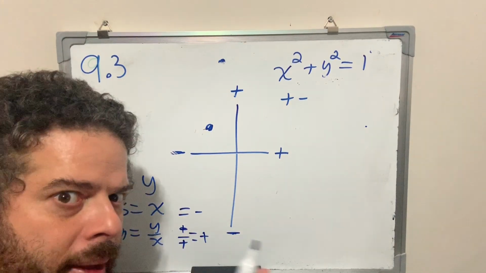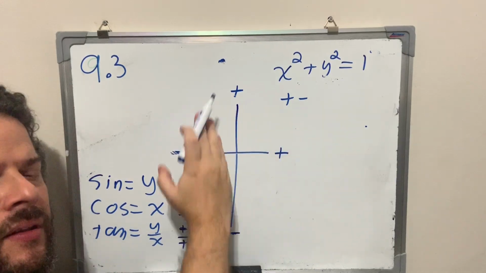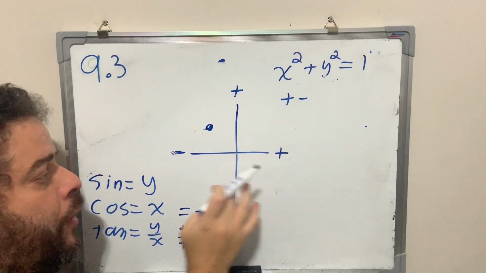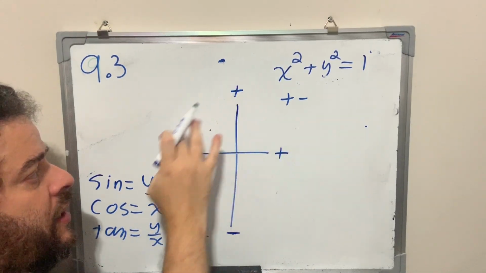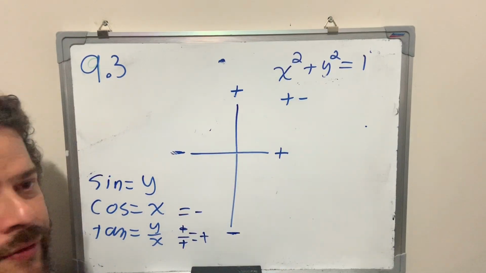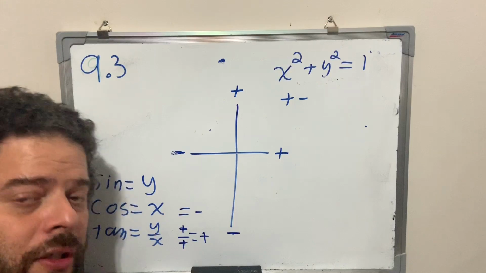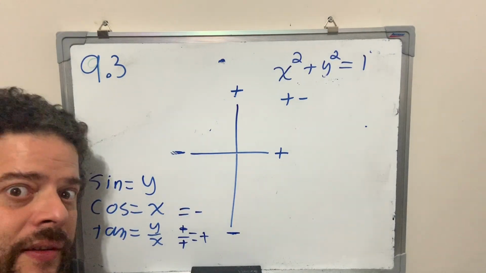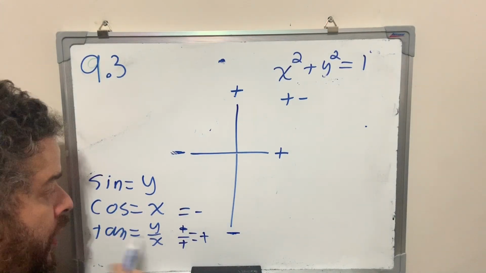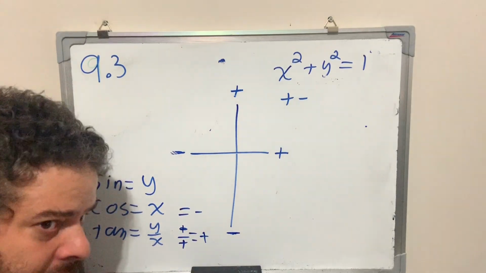It's way easier to understand this little diagram, put the point and see where your x's and your y's are positive or negative, and learn these three things, which you do need to learn for next year and, you know, SATs and whatever. But don't memorize the table on 480.